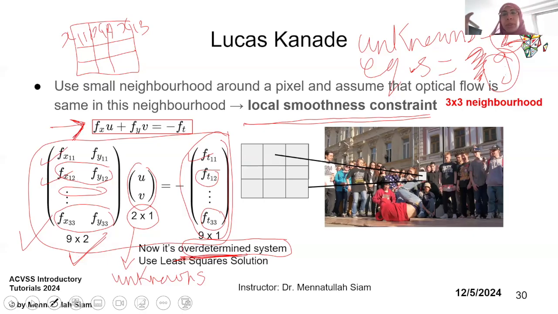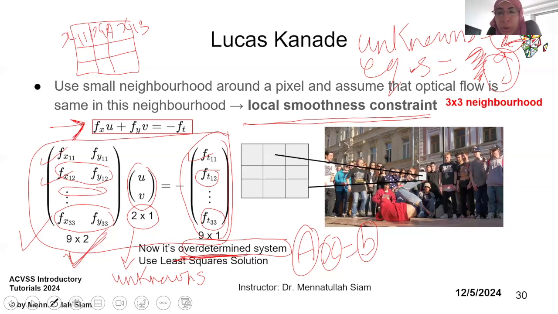How do you generally solve it? This is not just in computer vision, but generally, if you have any overdetermined linear system of equations, how can you solve it? There are multiple ways, but the most basic one: it's a linear system of equations and it is overdetermined. What should I do? I have just Ax equal B, where A here is this 9×2 matrix, and X here is the vector of the optical flow unknowns, the UV.